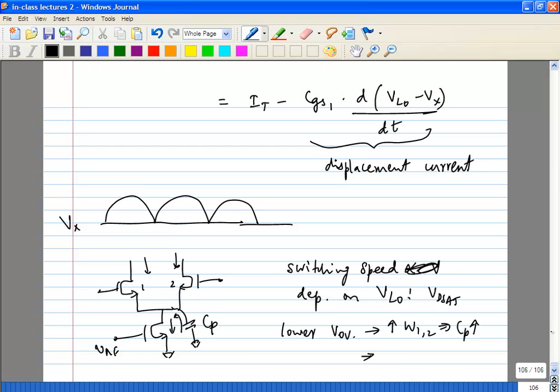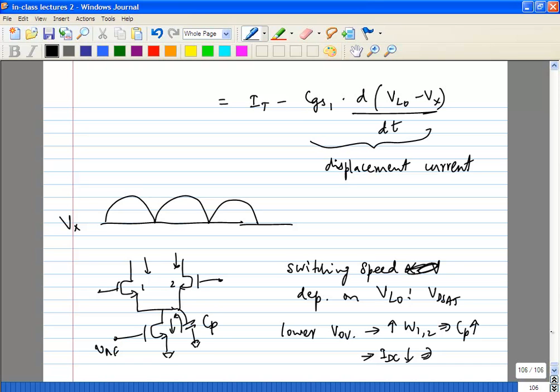The other way to do it is to decrease IDC, which means again GM1 or GM2 will decrease, and your noise figure will increase again. So that is the fundamental trade-off for your switch size.